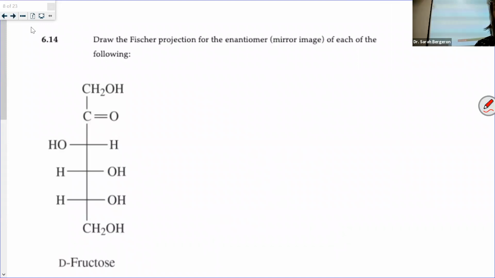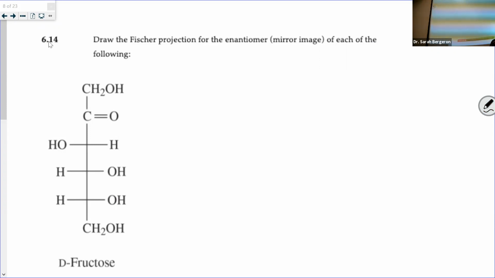All right. Now we have to start drawing these Fischer projections. So when you draw Fischer projections, if we're going to do an enantiomer, what is an enantiomer? If I have one molecule drawn and I want to draw the enantiomer, I want to draw the mirror image, right? So when you do that, the backbone of the molecule is going to be the same.